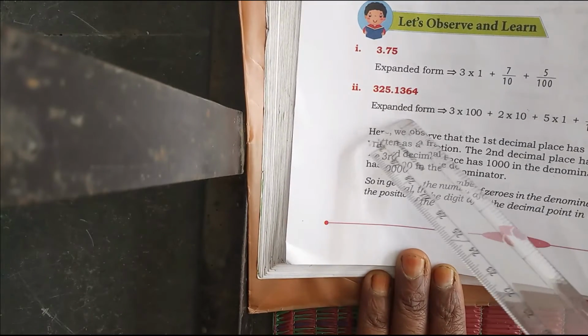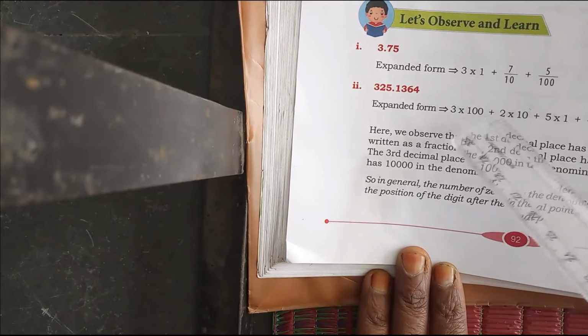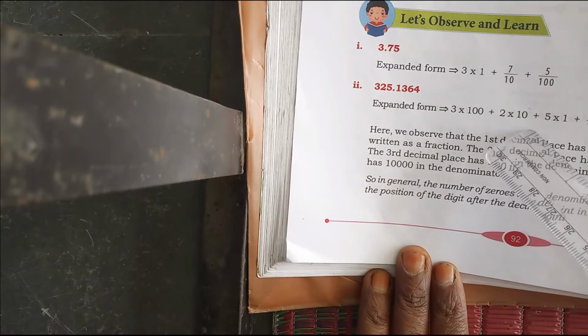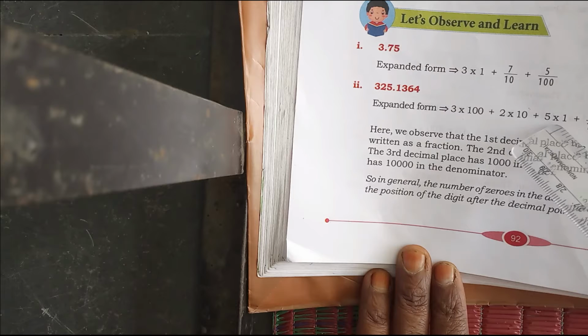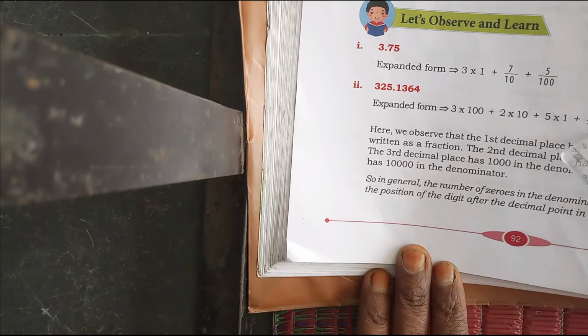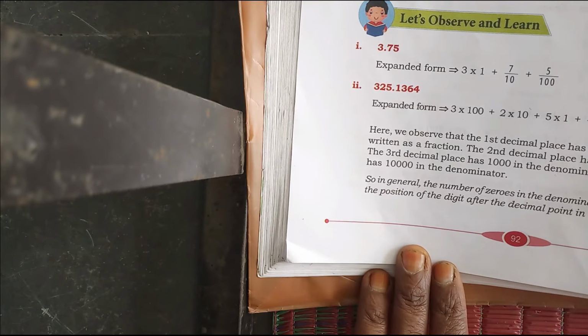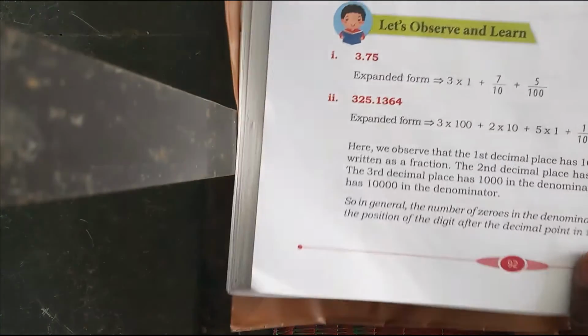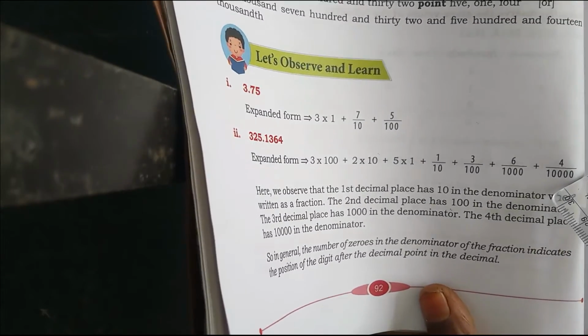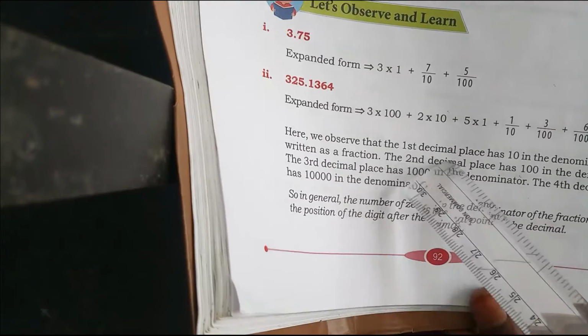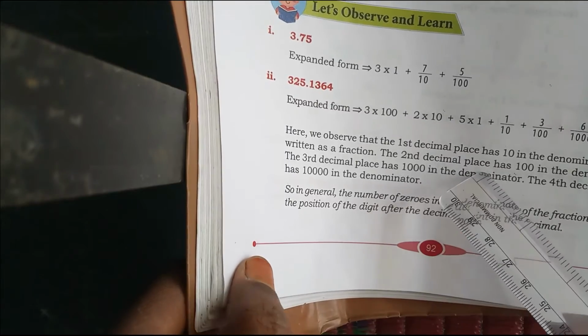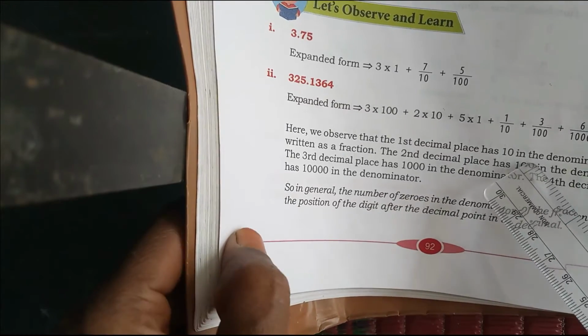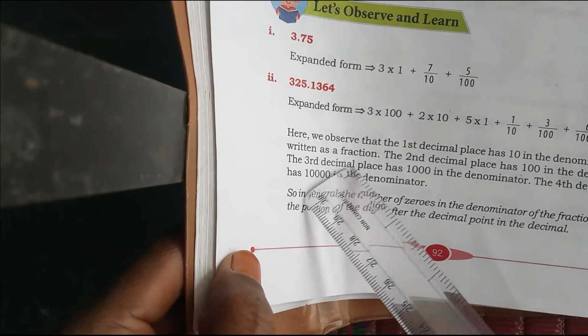The next number you see is 325.1364. The expanded form is 3 into 100 plus 2 into 10 plus 5 into 1 plus 1 by 10 plus 3 by 100 plus 6 by 1000 plus 4 by 10,000. Here we observe that the first decimal place has 10 in the denominator when written as a fraction.